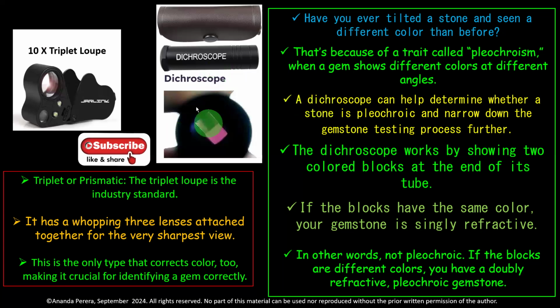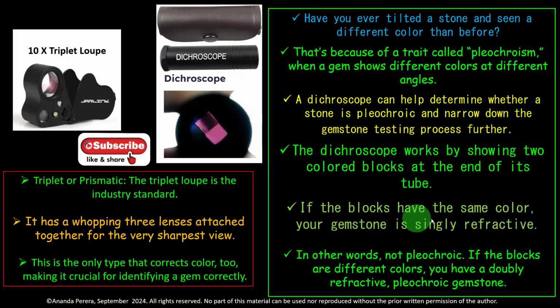A dichroscope is the tool to determine whether the stone is pleochroic and narrow down the gemstone testing process further. We can use the dichroscope to check the pleochroism and pleochroism color source. The dichroscope works by showing 2 colored blocks at the end of its tube.